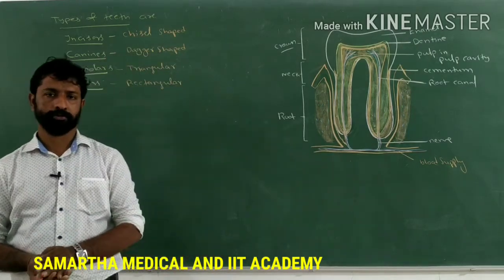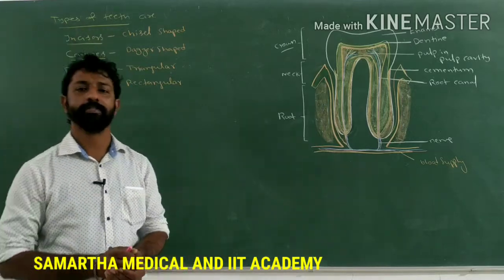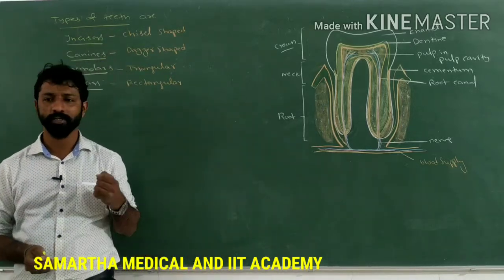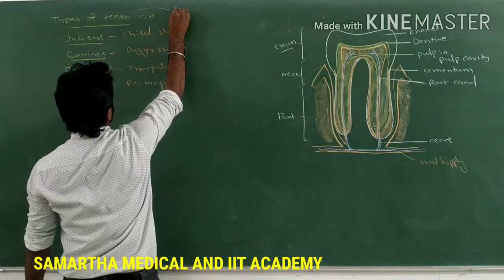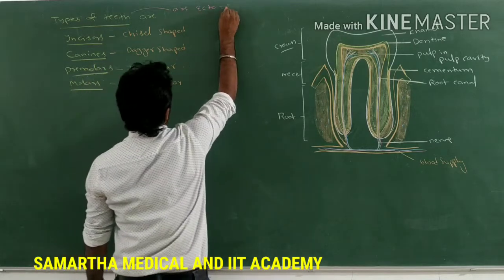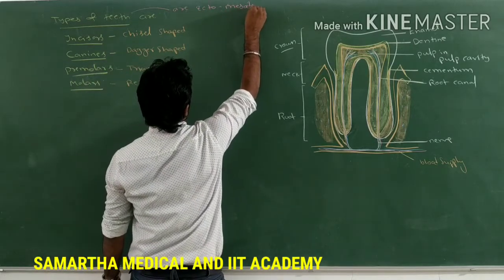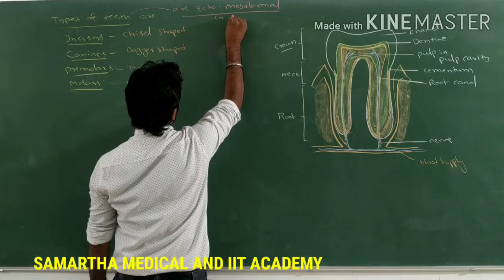Okay, so we know that 4 different types of teeth are present. What are those? Incisors, canines, premolars and then the molars. All these teeth are ecto and mesodermal in origin.